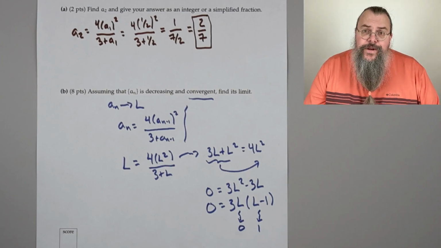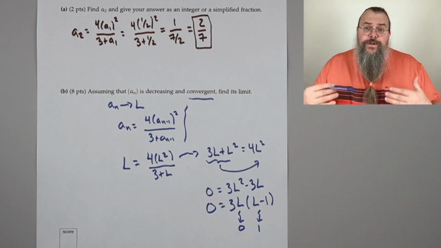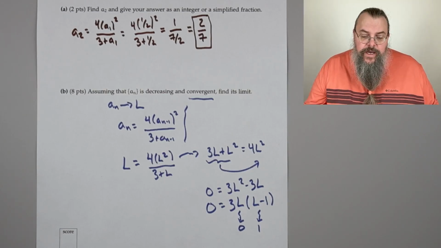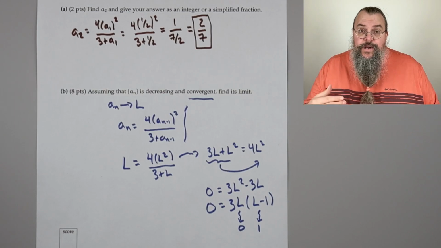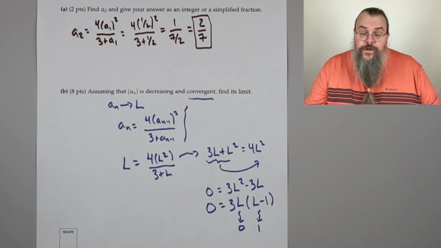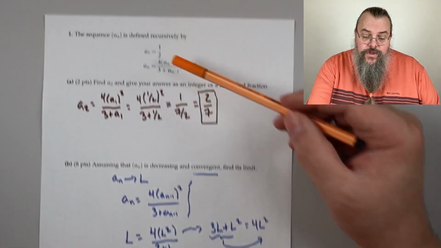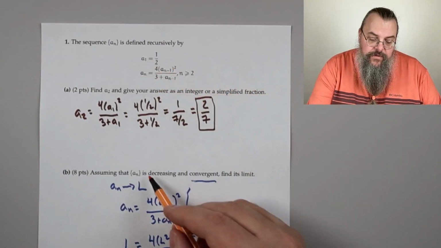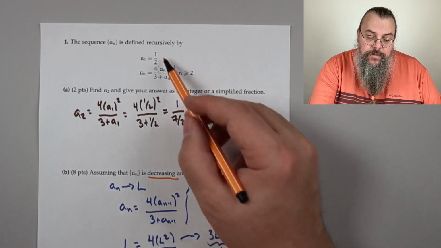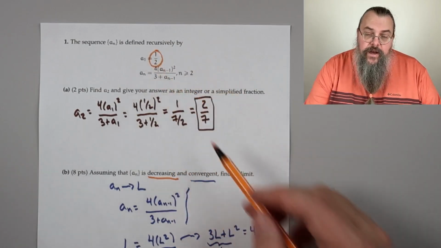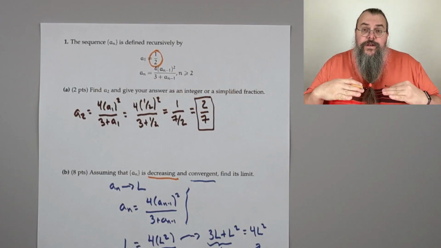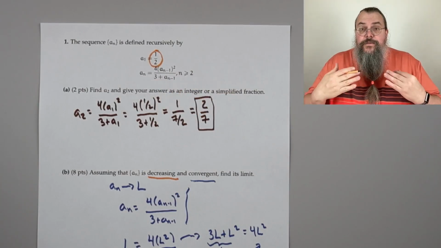Now, how do we figure it out? Well, we can do a little bit of reasoning here. We know we're going down, by the way, because of this word decreasing. And we know we're starting at a half. So if I have a half and I'm going down, can I get to 0? Yeah, of course.